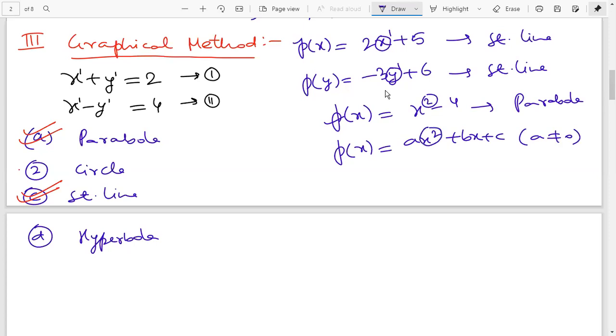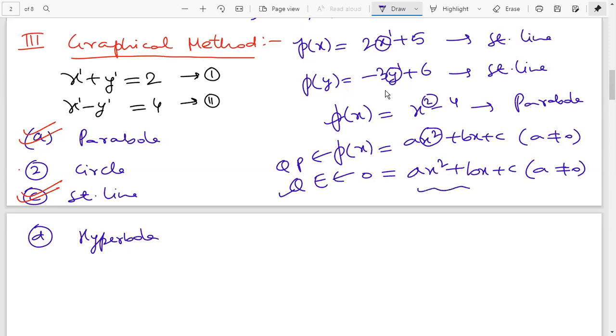A quadratic polynomial becomes a quadratic equation when p(x) is 0, so the equation is ax squared plus bx plus c equals 0, again with a not equal to 0. After getting the quadratic equation, we can solve it, given the values of a, b, c, either by splitting the middle term or using the quadratic formula.